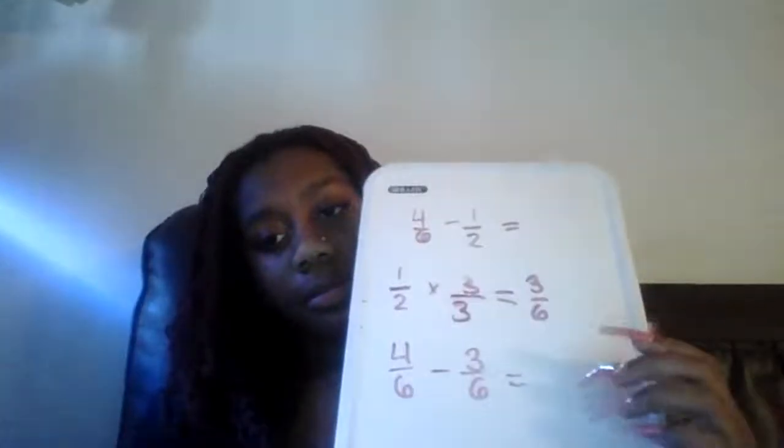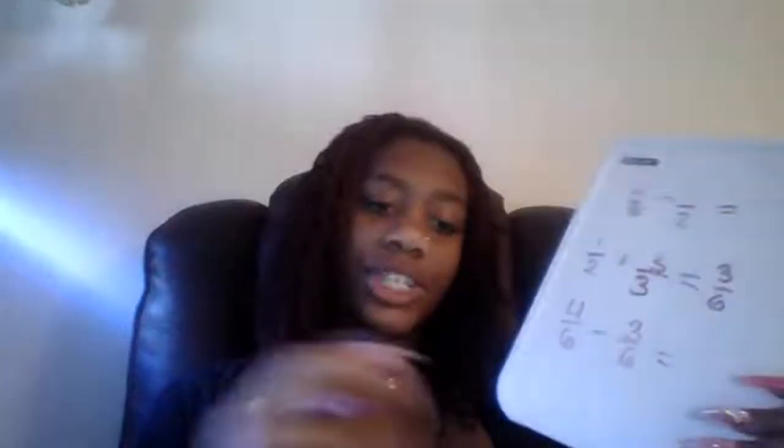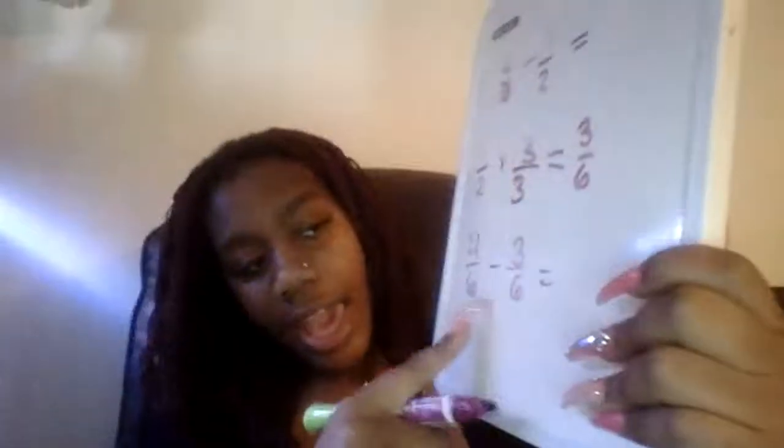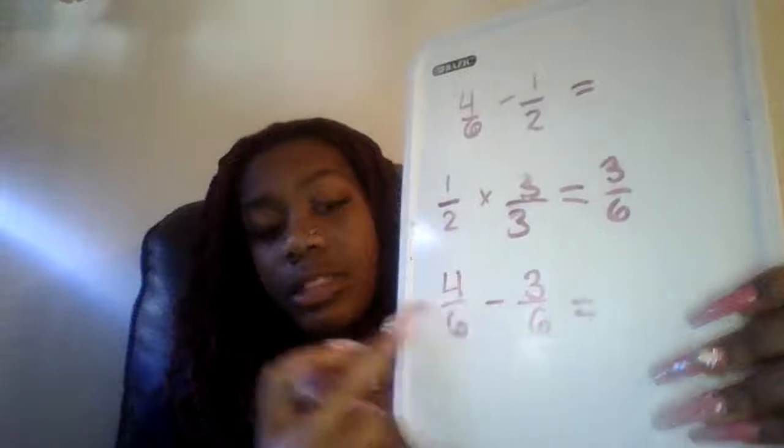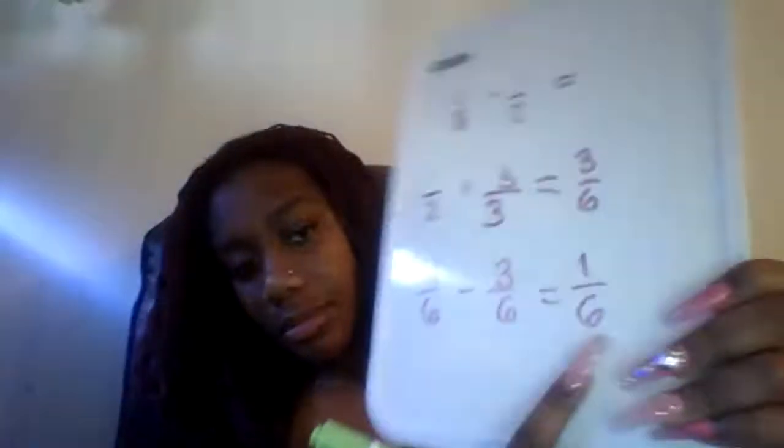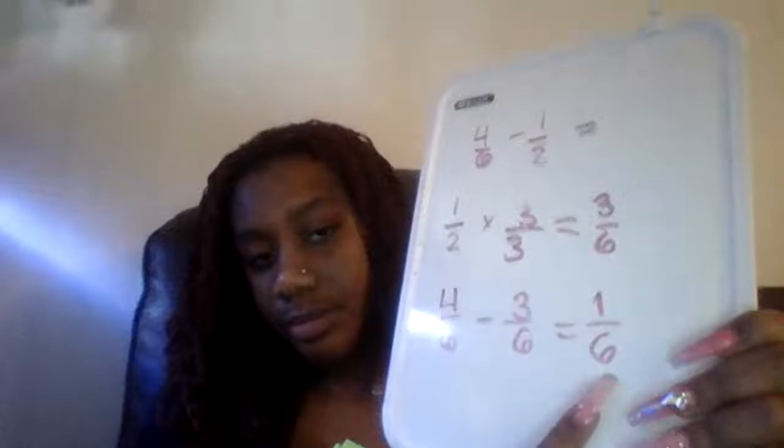You do not add the denominator. Okay? When you're adding and subtracting, don't add the denominator. You're only doing the top. You're only subtracting the top. So you're going to do 4 take away 3 is 1. And the 6 stays the same all the way through, okay?